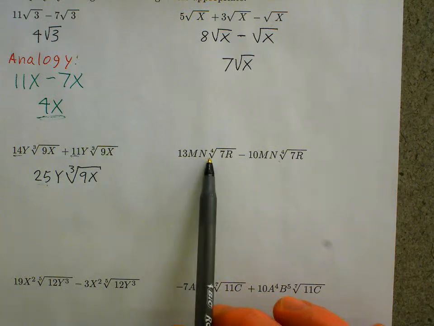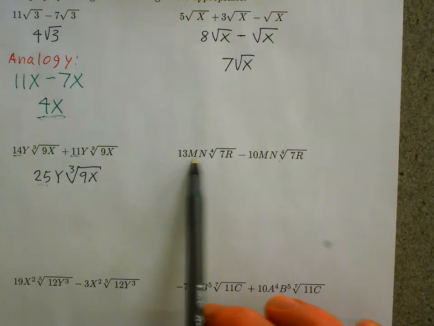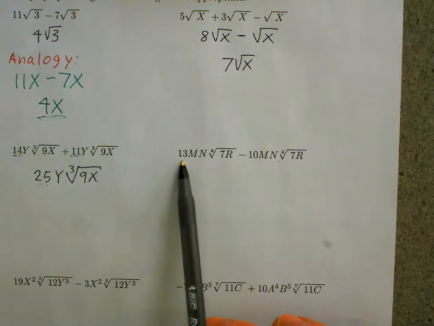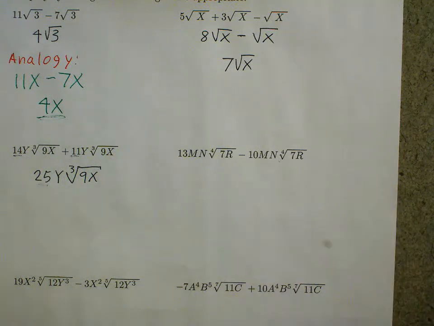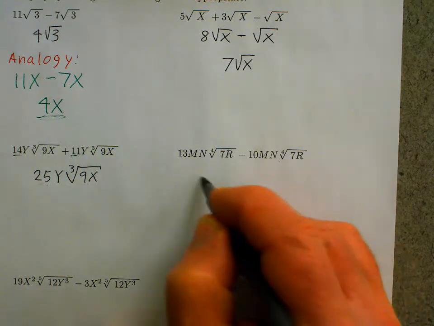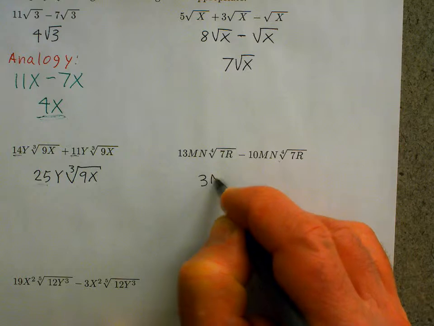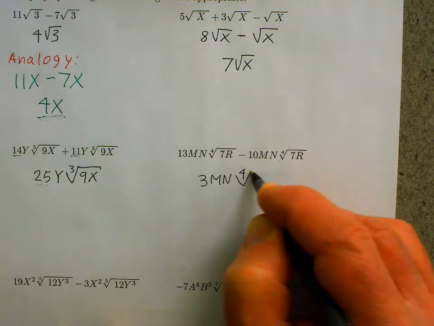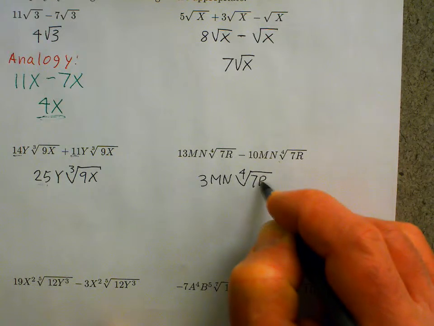On the outside of the radical, they each have m times n, and the radicals are identical. So when we simplify, we're going to get 3 times m times n times the fourth root of 7r.